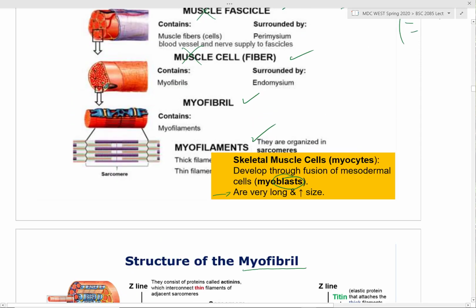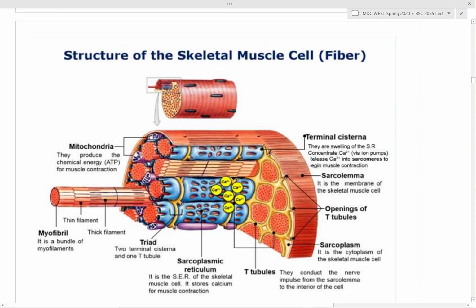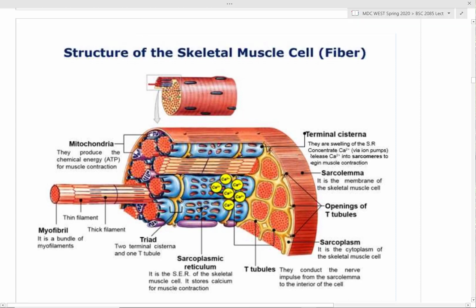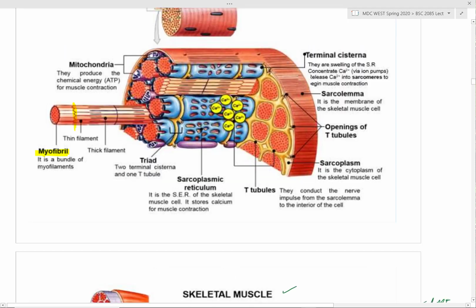Okay, let me go back. When we talked about the muscle cell, we said that inside you had a structure known as myofibrils, right? So those myofibrils are segmented. The segmentation is from Z line to Z line, you're going to see that here.